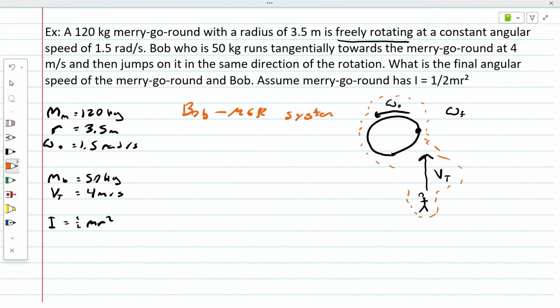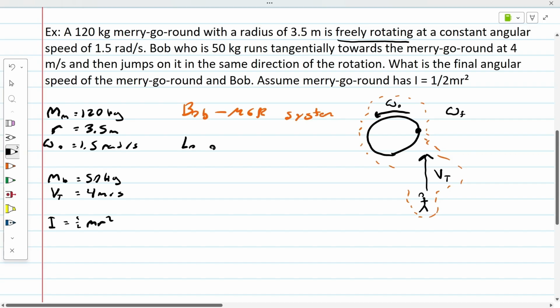Okay? So now we need to figure out how we are going to relate all this together to find the final speed. Let's first think about conservation of angular momentum. So we need to find each part: the merry-go-round's angular momentum and Bob's angular momentum. Let's think of the merry-go-round first, because this is the most straightforward.